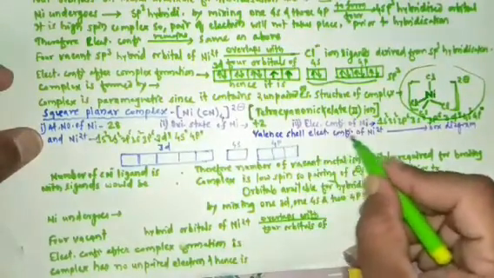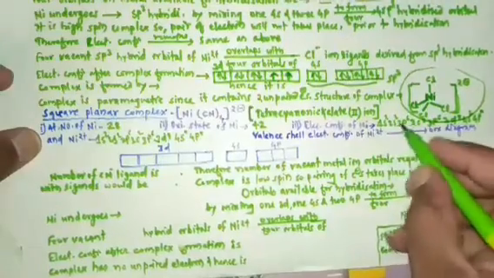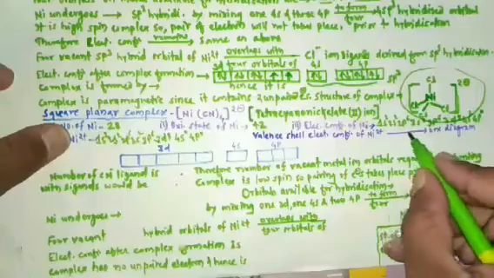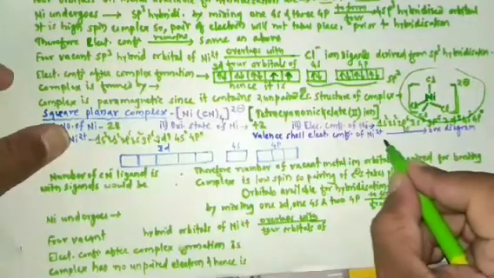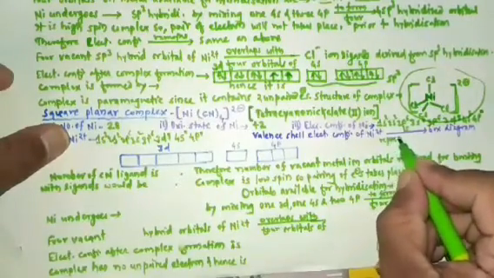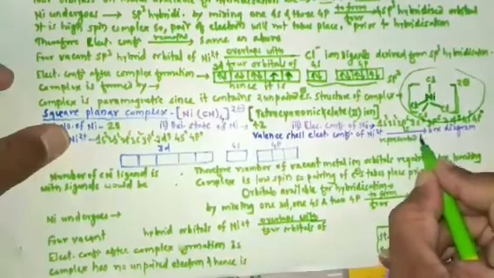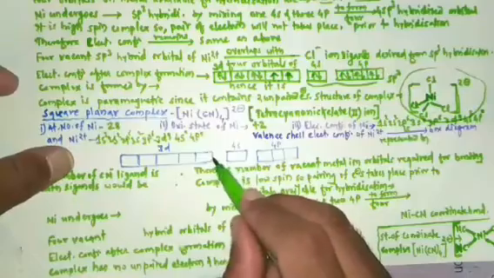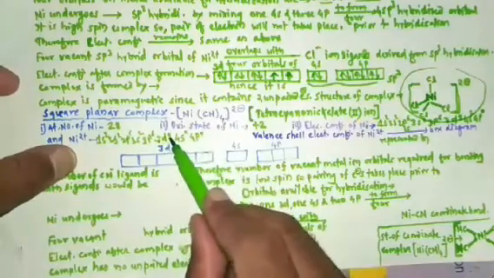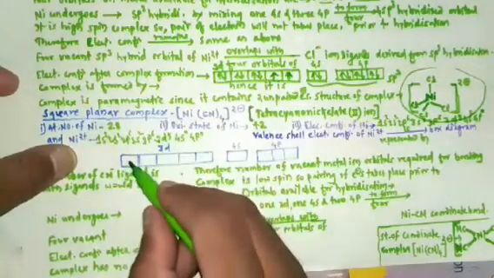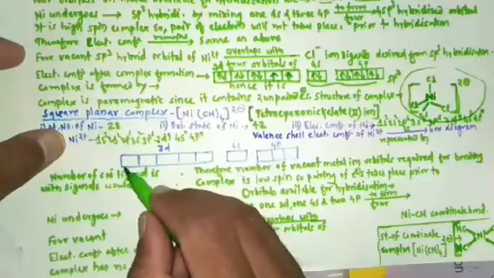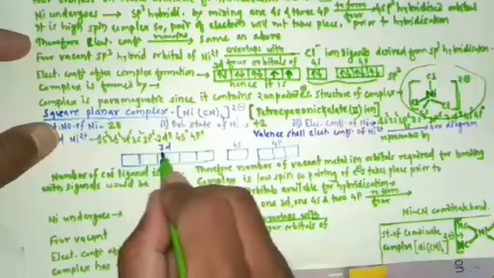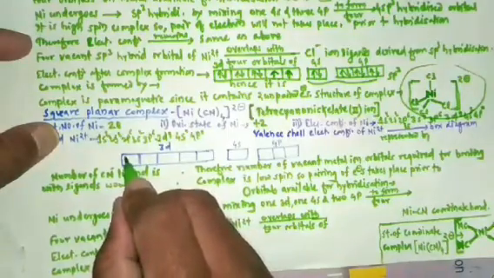So the valence shell electronic configuration of Ni2+ is represented by a box diagram as follows. 3d contains 8 electrons. Therefore let's fill these electrons in these 3d orbitals.